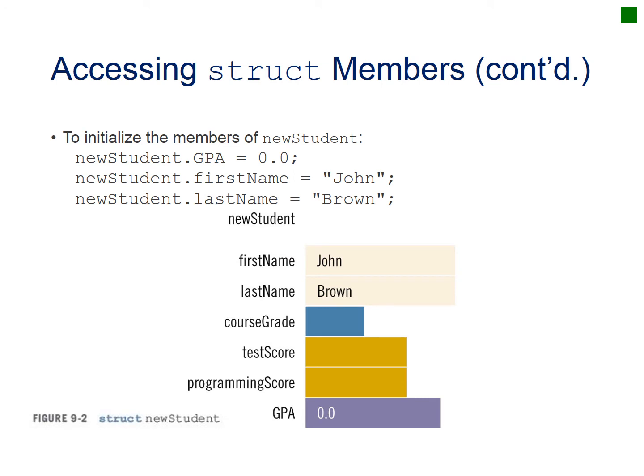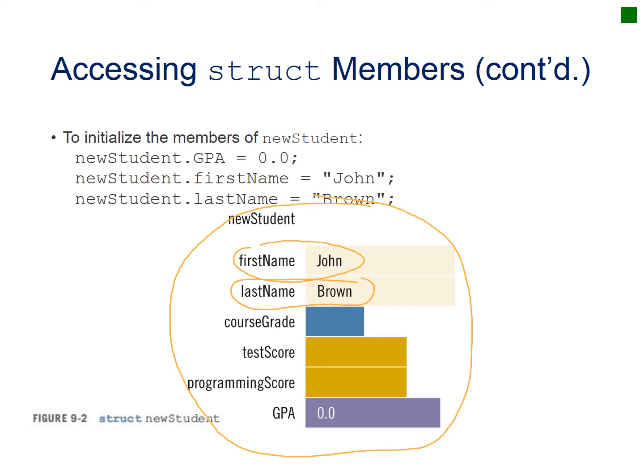To initialize the members of new student, we would define newStudent.gpa equals 0.0, newStudent.firstName equals John, and newStudent.lastName equals Brown. And we can see the structure here based upon our record of new student, first name John, last name Brown, where we defined above, as well as the GPA.